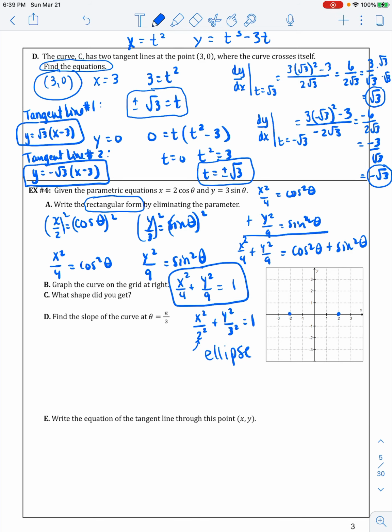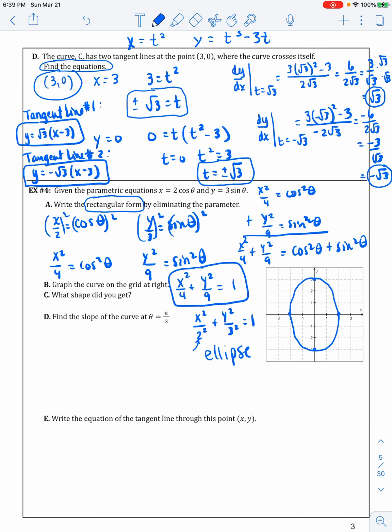So I'm 2 this way and 2 that way. And then the 3 here underneath the y squared, the 3 squared, is how far away you are along the y-axis from your 0, 0. And so you can see that this ends up being an elongated ellipse.